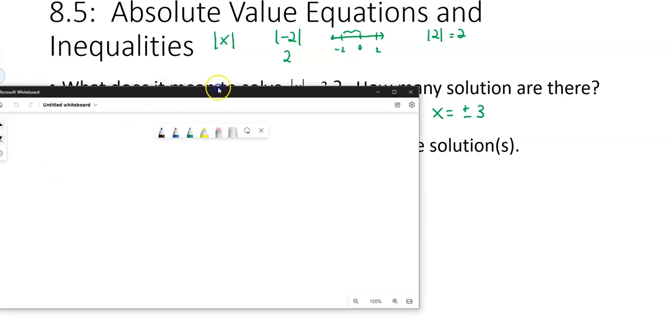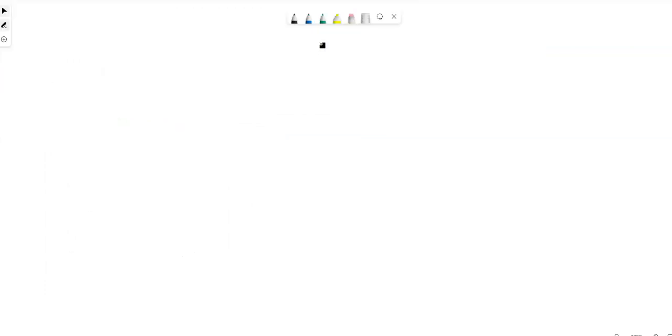Let's pull up this board here so I don't run out of space. So I have the absolute value of 4x plus 3 equals 11. Well, what's inside this set of brackets here could be 11, or it could be -11, right? Because both 11 and -11, when I take the absolute value, give me back 11.